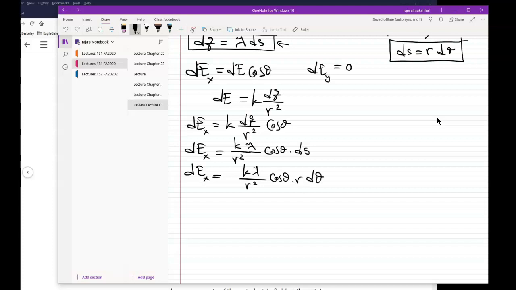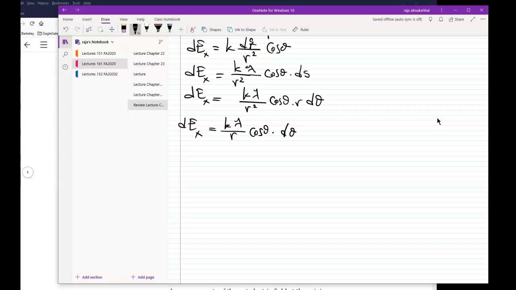See how I convert this equation from ds to d theta? Change of variable. And of course the r's here cancel out. Before I integrate, I'll end up with the following: k lambda, which is a constant, over r cosine theta d theta. That's dEx. Now I'm ready to integrate after all that.